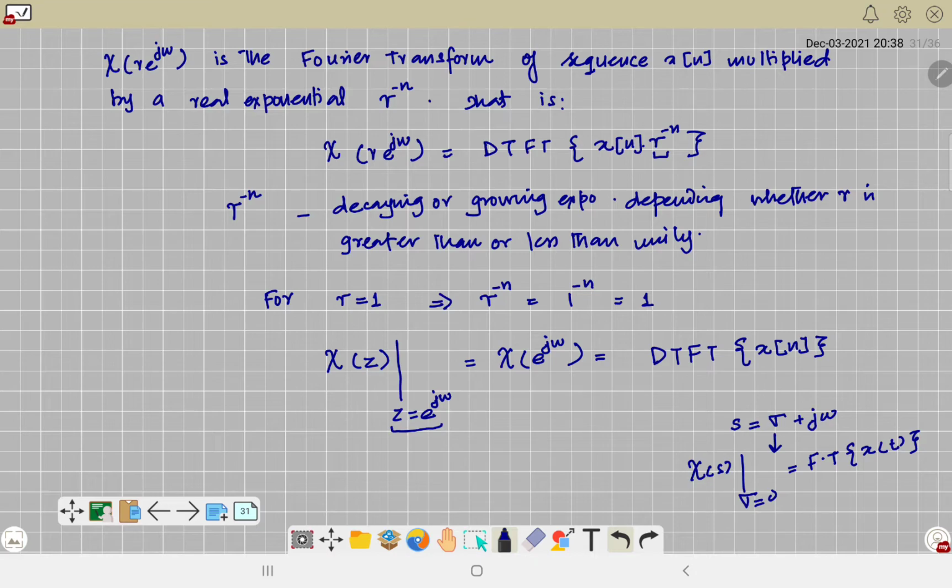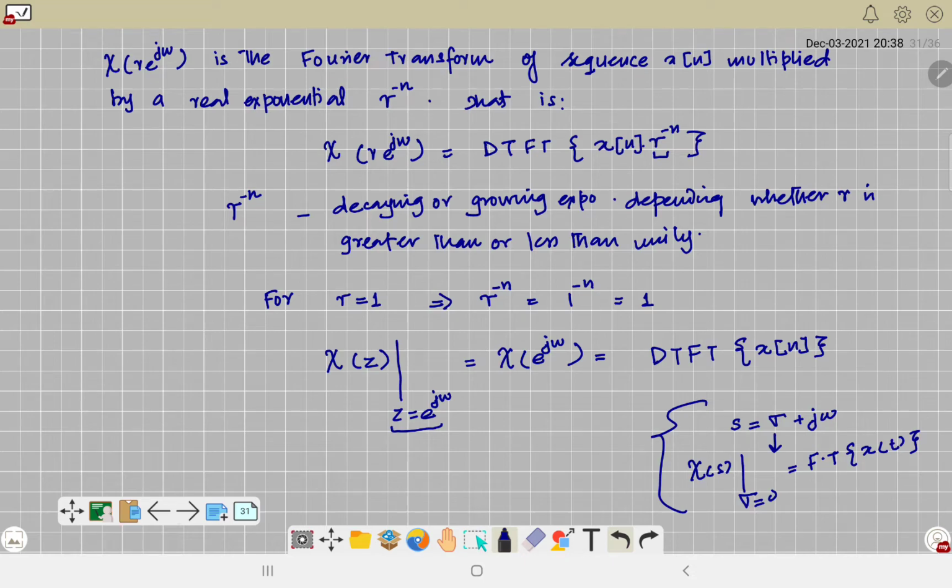Now this is mathematically. But we know in the Laplace transform, we have both the algebraic expression for the transform and also what is known as a region of convergence. Fine. So if we interpret in terms of region of convergence in Laplace transform, the property sigma equal to 0 actually means that the Laplace transform reduces to the Fourier transform on the imaginary axis.